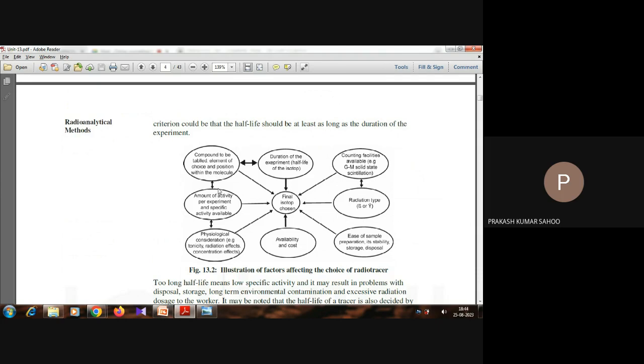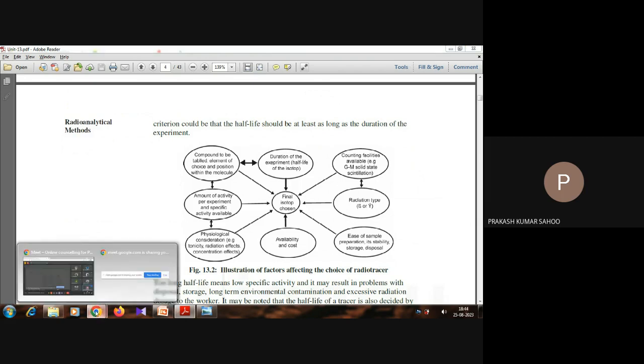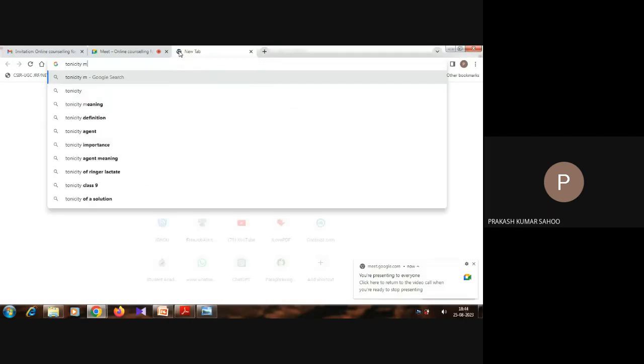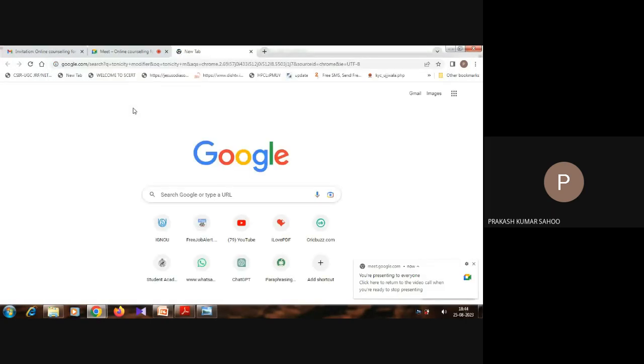Then we have the amount of activity per experiment and specific activity available. Then we have physiological considerations, that is tonicity, radiation effect, concentration, etc. What is tonicity? So let's have tonicity.